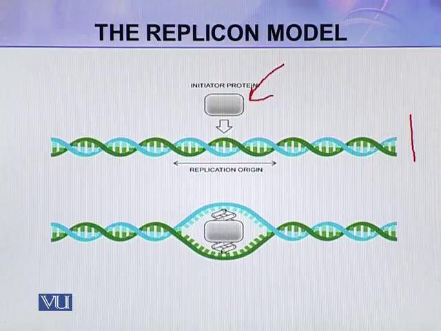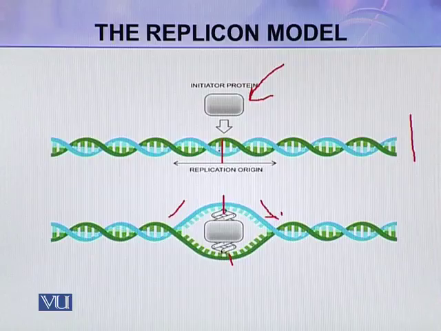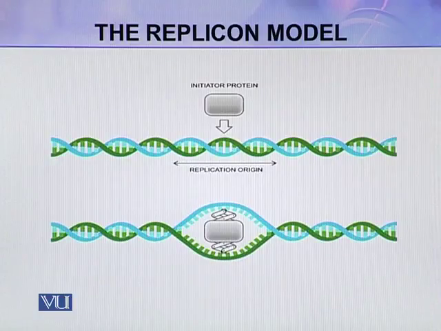For example, it has identified this site, and this point will become the origin of replication, and then the replication forks start growing in opposite directions. So in this way, the replicator and the initiator proteins work together to start the replication.